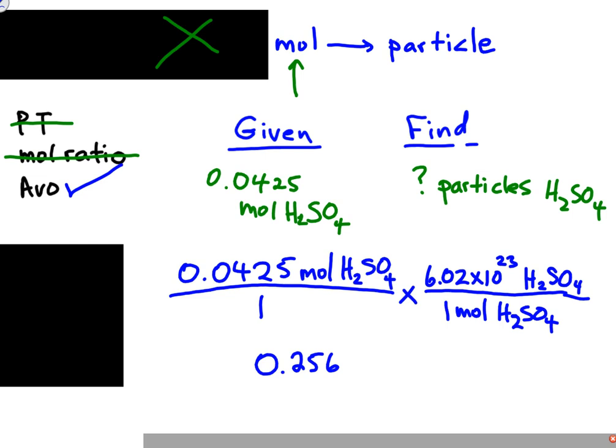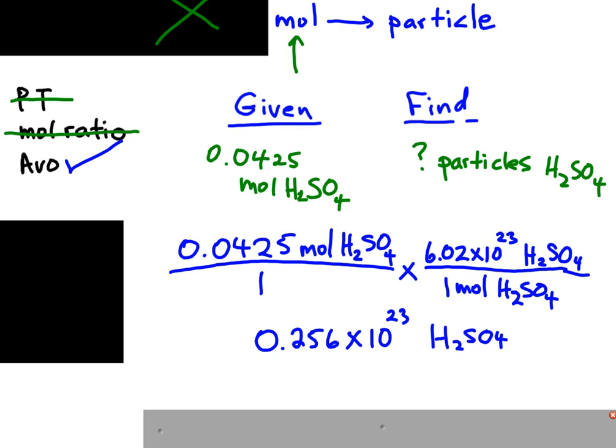Okay, I actually get 0.2558, and so I'm going to make that 0.256, and that's just a rounding. And then I can't throw away my power of 10, so I put that up there as 10 to the 23rd, and I have just done a conversion, and I now have particles of H2SO4.